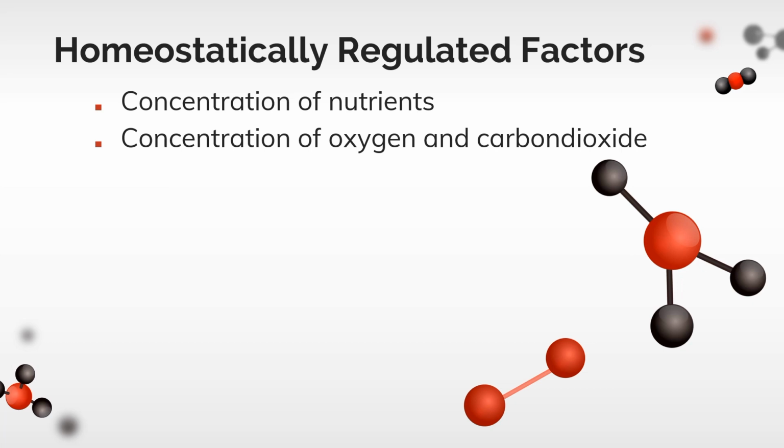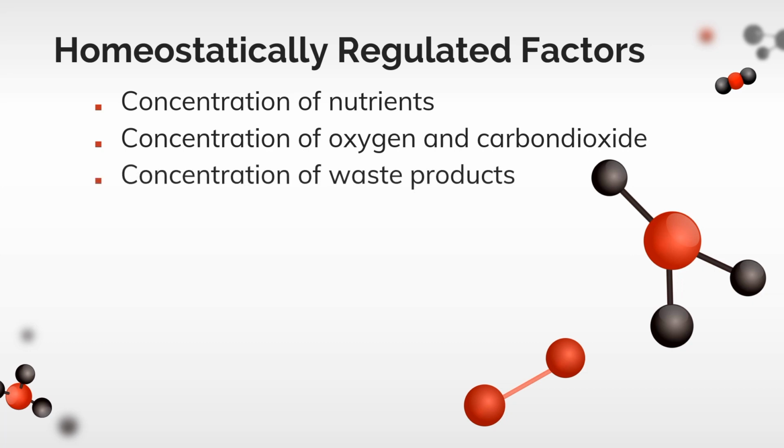Next is concentration of oxygen and carbon dioxide. Cells need oxygen to carry out energy-yielding chemical reactions. The carbon dioxide produced during these reactions must be removed so that acid-forming carbon dioxide does not increase the acidity of the internal environment of the human body.